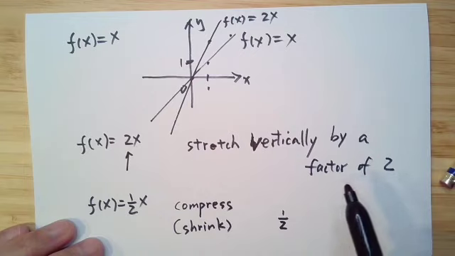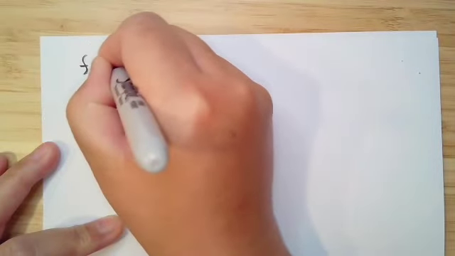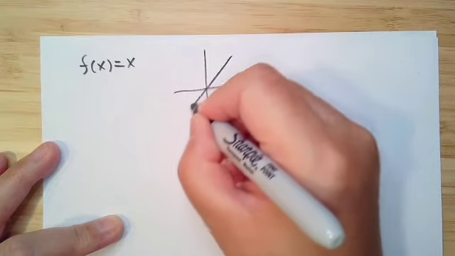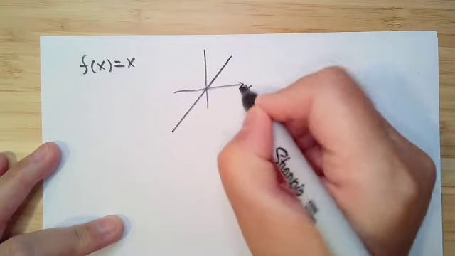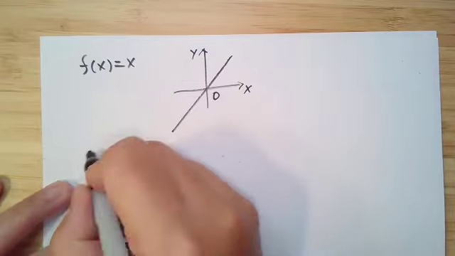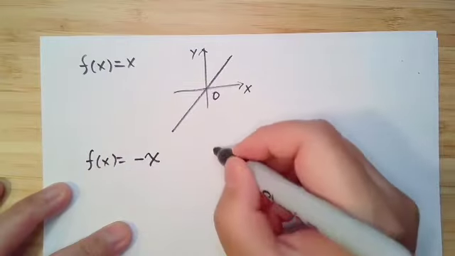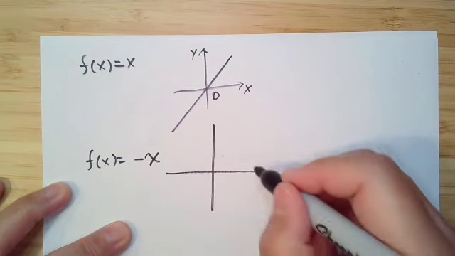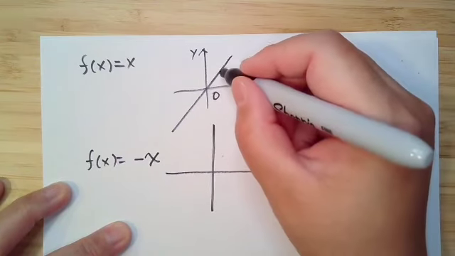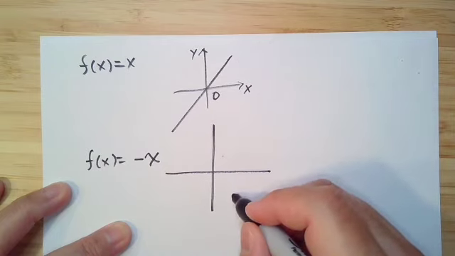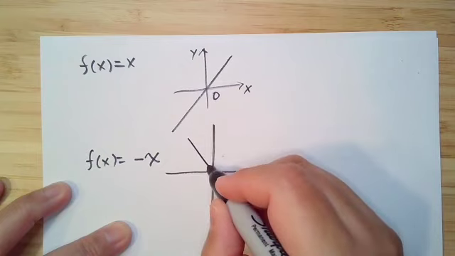Okay. The other thing is f of x, the parent function, and we know it is this, right? It's x and y, here is 0. What about f of x equals negative x? For every x, you get this function value. Now when x is here, you get a negative 45-degree line.